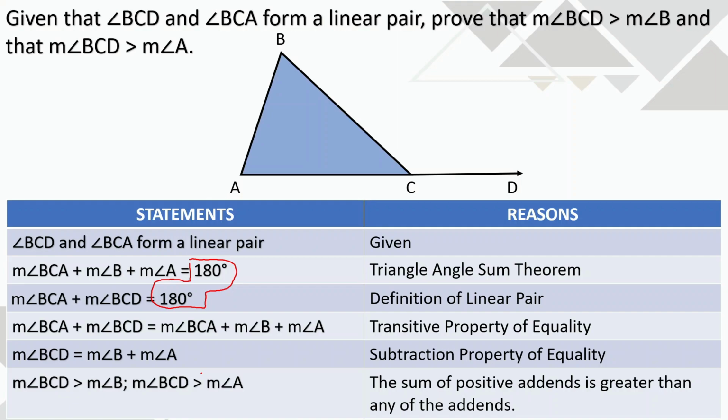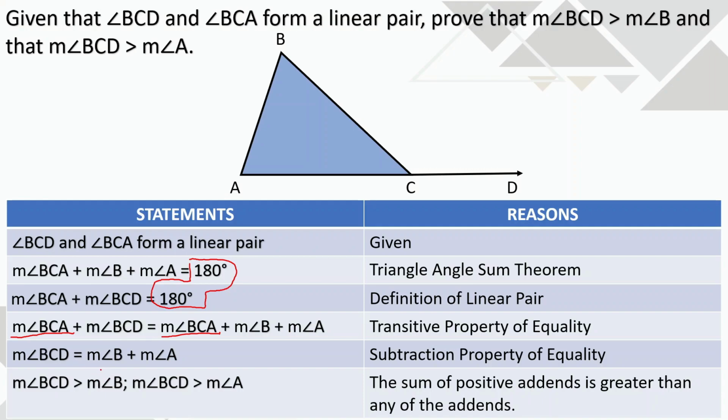Since we have angle BCA on both the left and the right side of the equation, we can subtract measure of angle BCA from both sides, and we will be left with measure of angle BCD on the left side and measure of angle B plus measure of angle A on the right side. So we can equate the two of them.